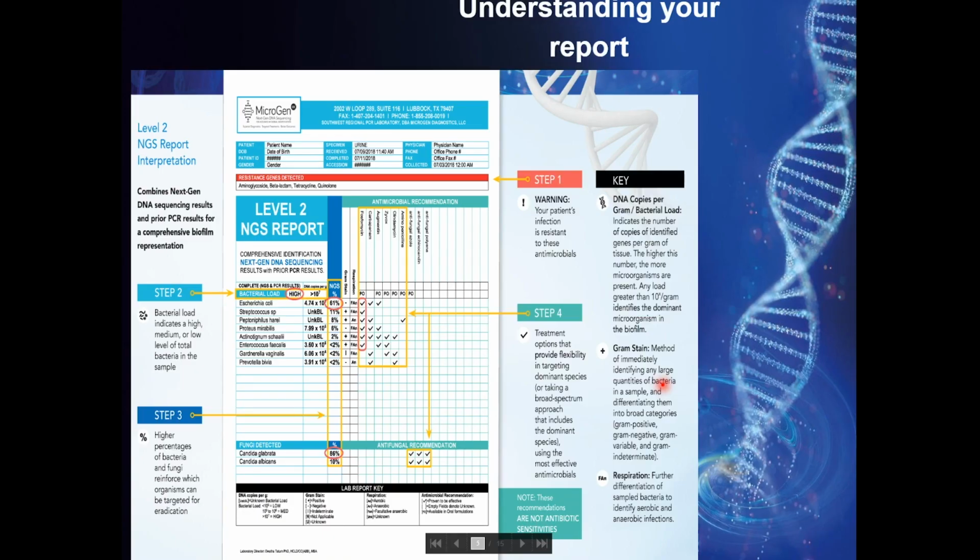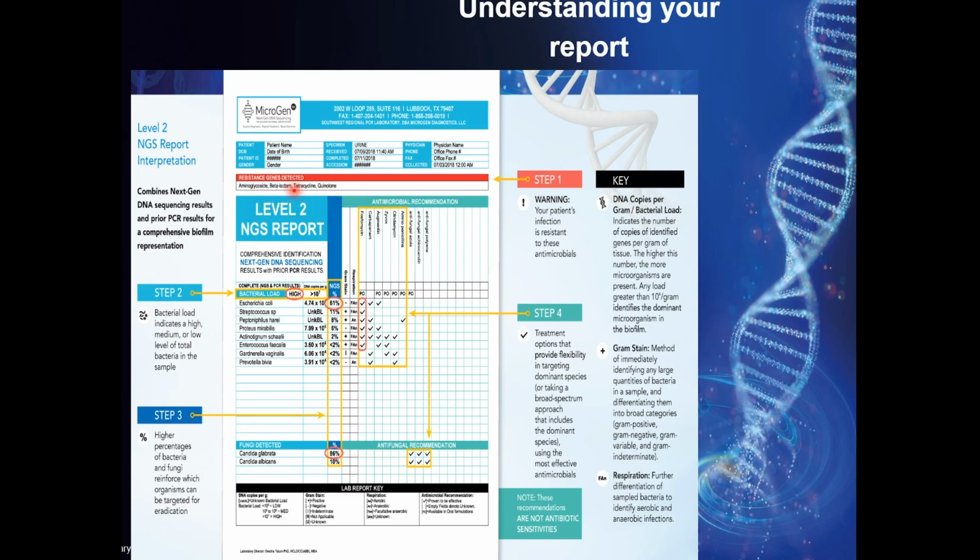All right, so here is a report. This is the next-gen sequencing. It's very busy, so we're going to take a minute here. One very important piece of data is that, step 1, you look at what antibiotics could be resistant in your patient's data right there.